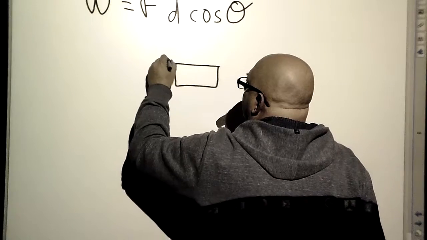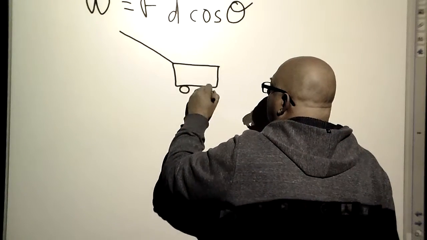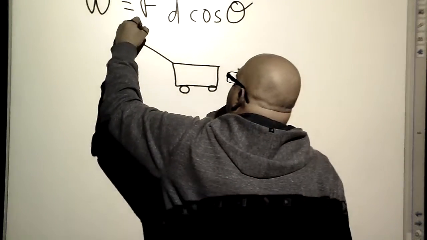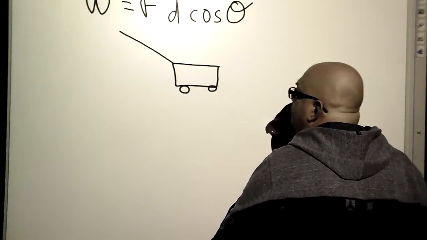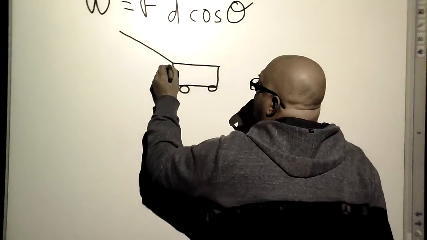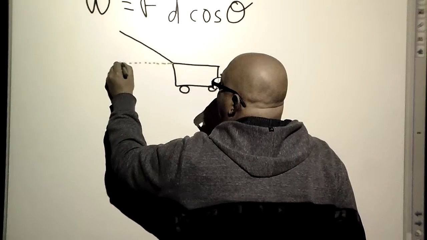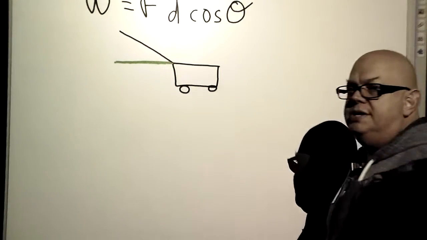If we're pulling a wagon, let's say, and we're pulling it with however many meters, okay? Here's the thing we got to look at, because when we're analyzing the work, this is the vector that we are interested in.